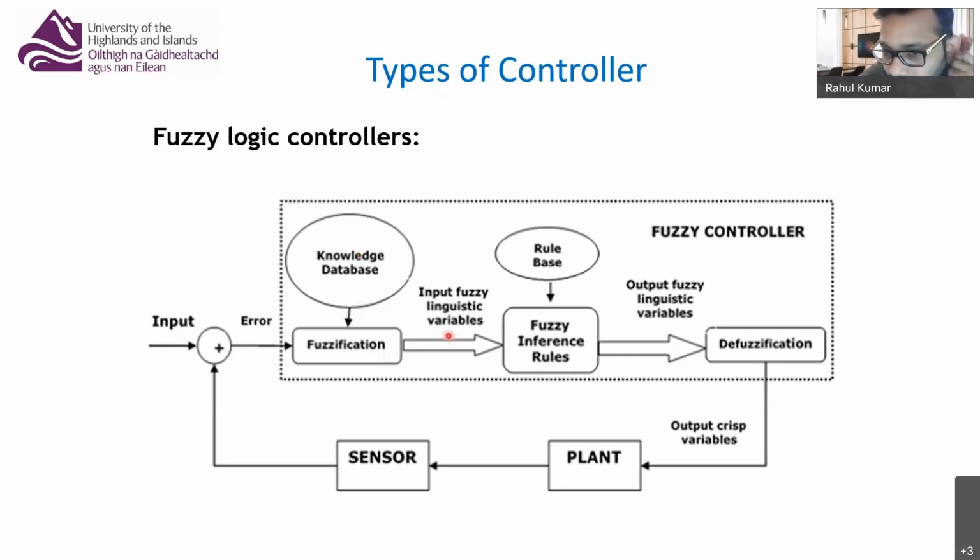This variable is then sent to the fuzzy inference rules. There are some set of rules. Based on the variable and the rules, it will generate the final variable, which is then used to control your system. Okay. So that's how your fuzzy logic controller works. The only thing which you need is some data or some background knowledge about how you want your control system to operate. Okay.